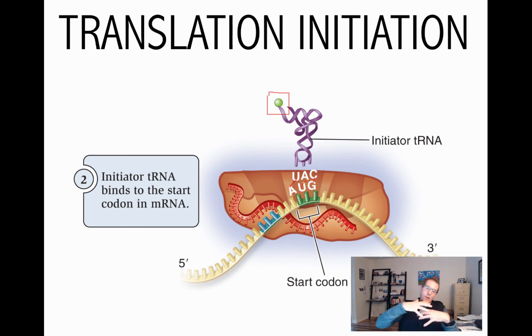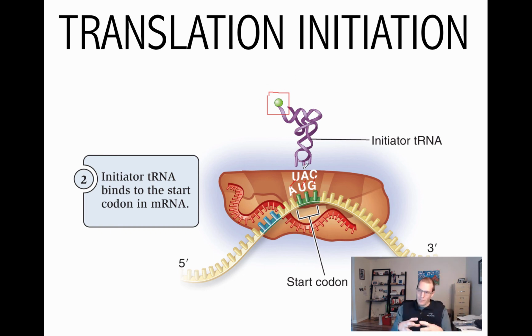And so that initiator tRNA stably sits on that AUG sequence in the P site of the small ribosomal subunit. And because there's an enzyme which knows to add the methionine amino acid to tRNAs which have UAC, that protein which recognizes UAC in the anticodon only ever adds the amino acid methionine to the 3' end of the tRNA up here.